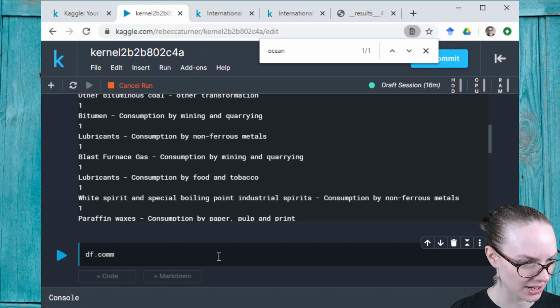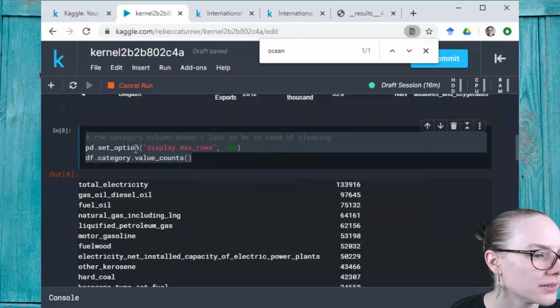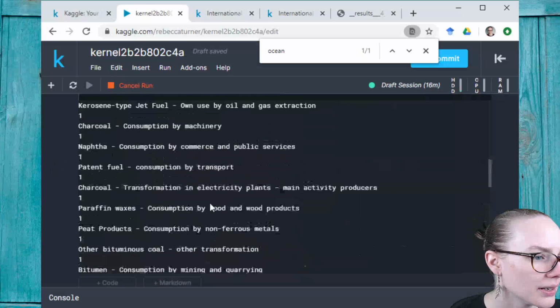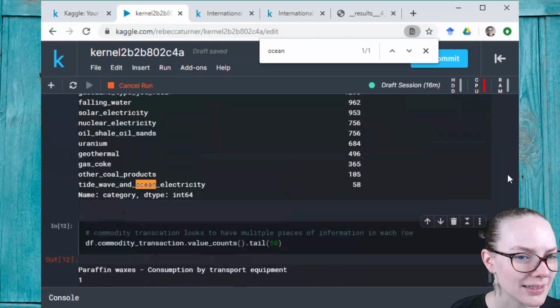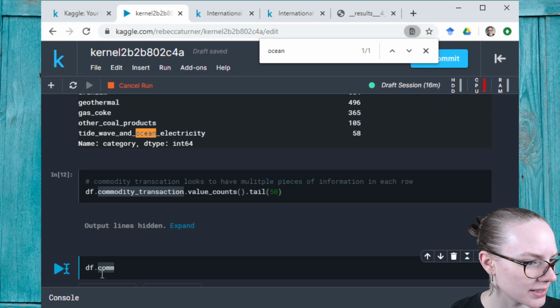Is commodity transaction right? Was it uppercase? That one's category. Get rid of that. Commodity transaction.